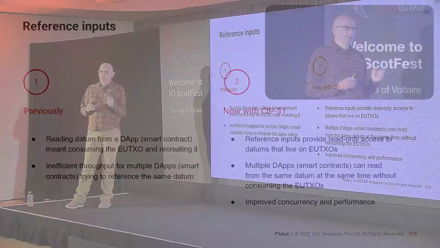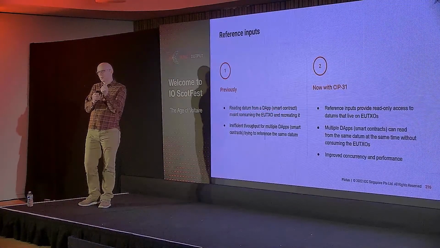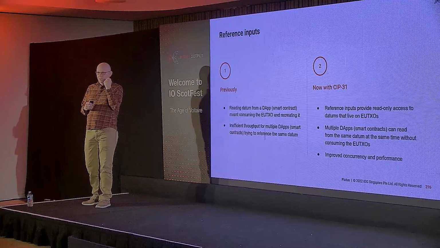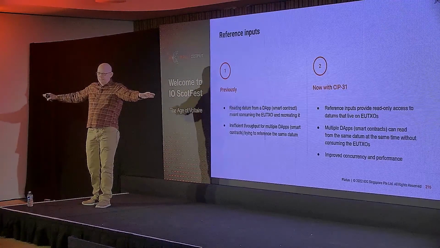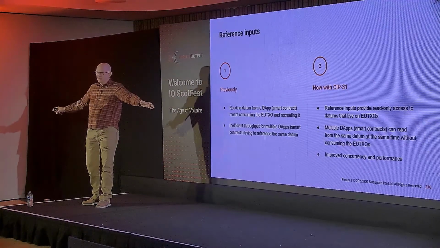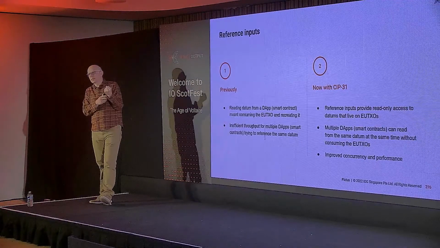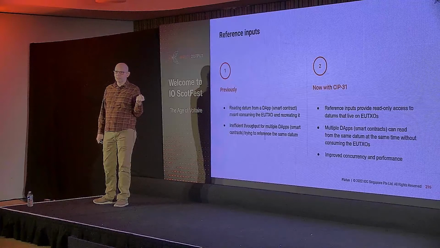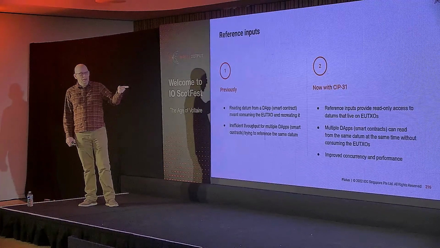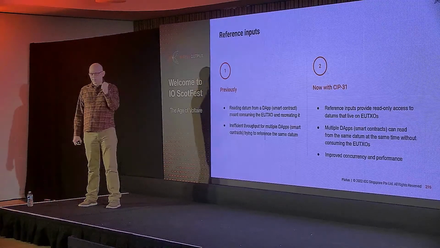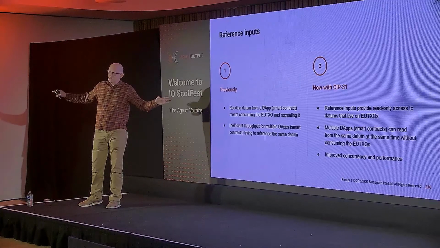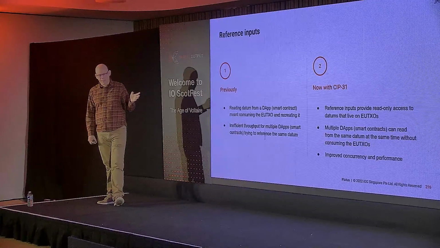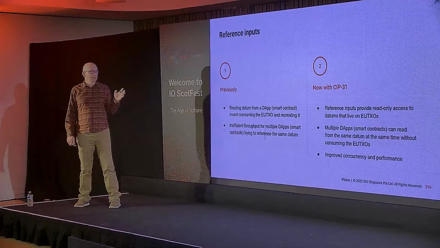If you think of, you have one UTXO that's holding some really important data like pricing data, et cetera, and then you have many, many DApps, and each DApp has many, many transactions, and they're all trying to access this one UTXO at the same time. It becomes contention for a resource. With CIP-31, now you can put that into a reference input, and all those thousands of transactions, all the different DApps can all access this data at the same time. So that's a really nice feature for scalability.